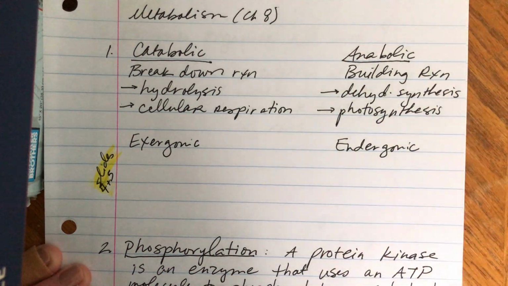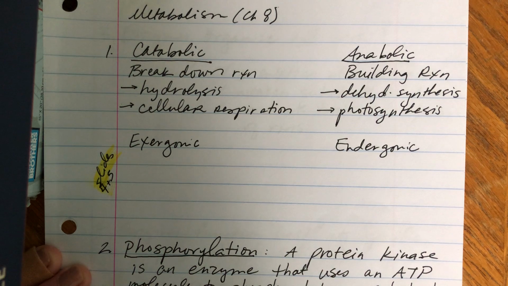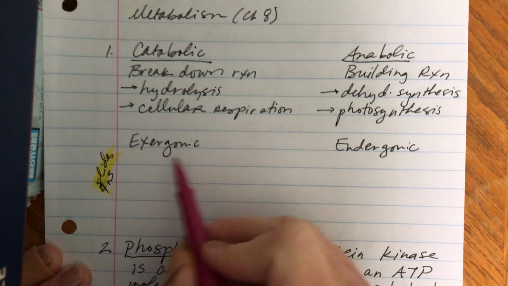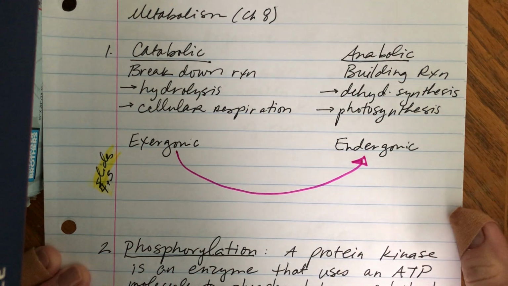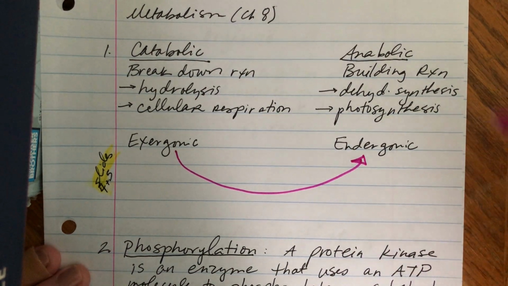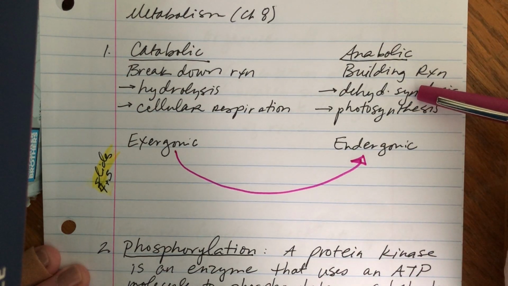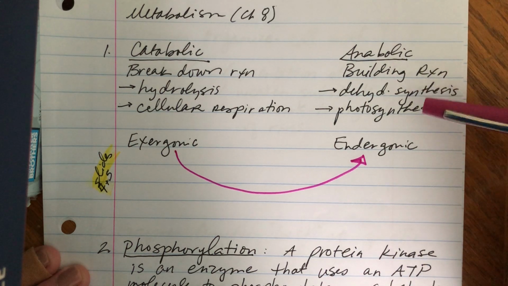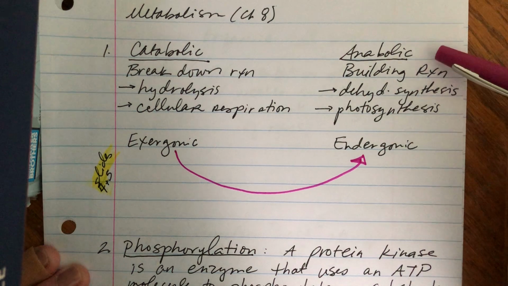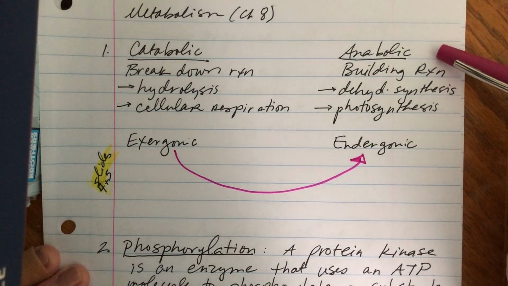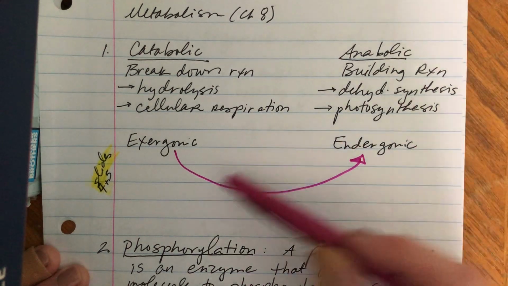Now, what's important in this chapter is especially that you understand how these two are linked. Because anabolic reactions, they won't happen by themselves. They're uphill energetically. They create more order, but they require energy to even think about getting started, right?